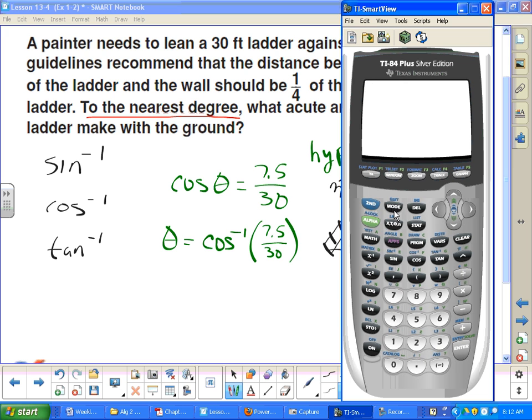Then we do second cosine, so we have inverse cosine of 7.5 divided by 30. When you're doing these, you can just use the fractions. You don't have to change it to a decimal. Most of the time I just leave my fraction that way, so I'm always using exact numbers. So we get 75.52.